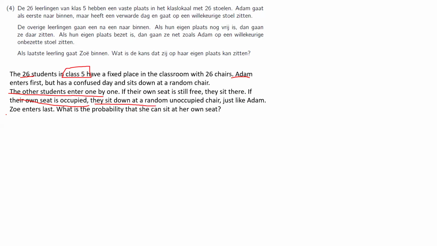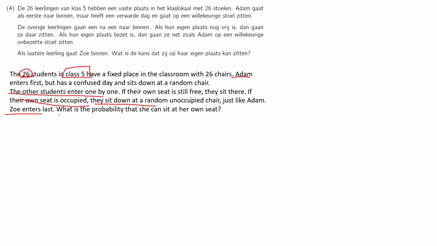And it asks: Zhu is the last one to enter. What is the probability that she can sit at her own seat? Remember, it's 26 students, so A, B, C, till Z.